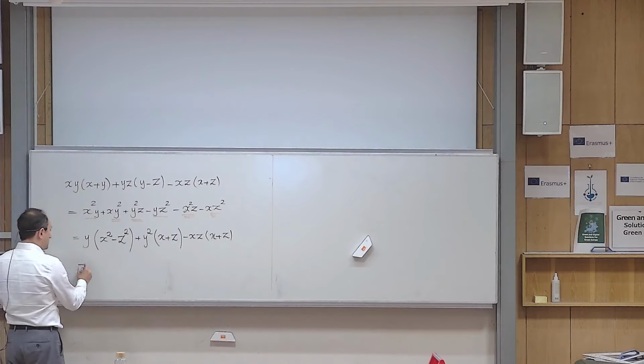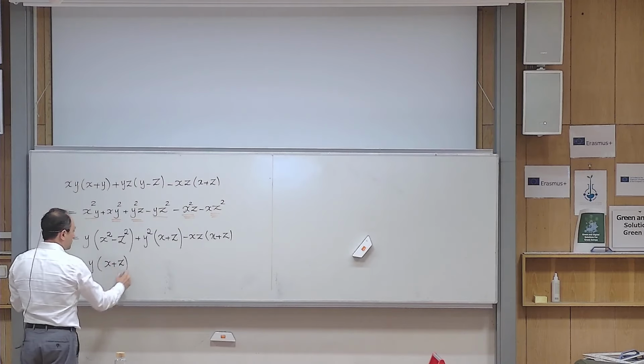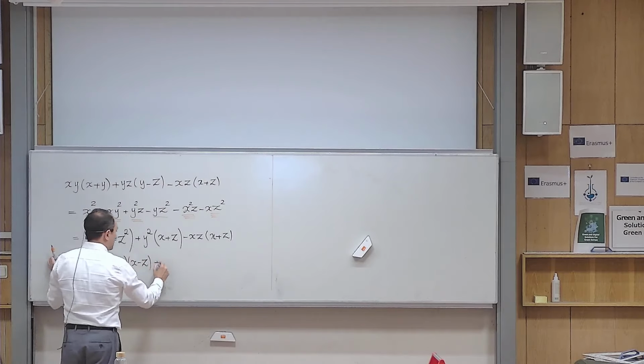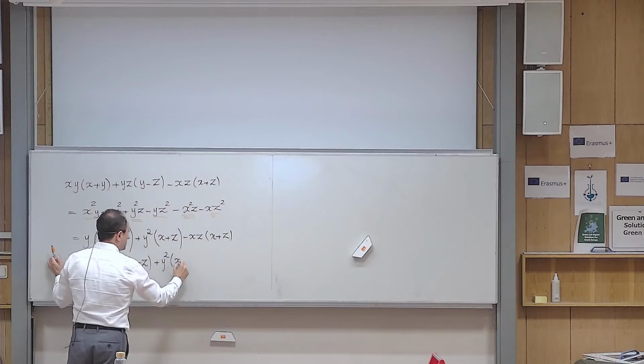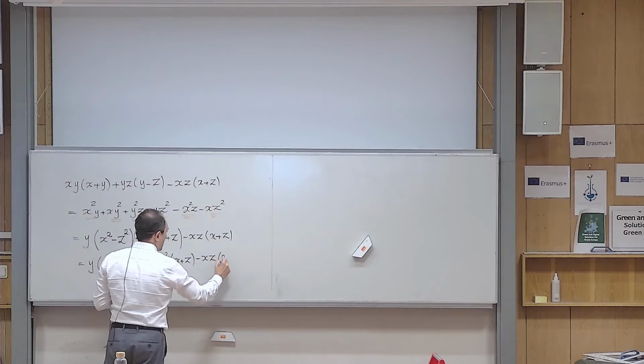So what I will do, I would write y. I factor it using the conjugate rule as (x plus z)(x minus z), and then I have plus y squared times (x plus z), and then I have minus x times z times (x plus z).